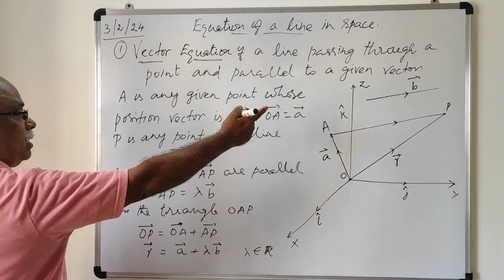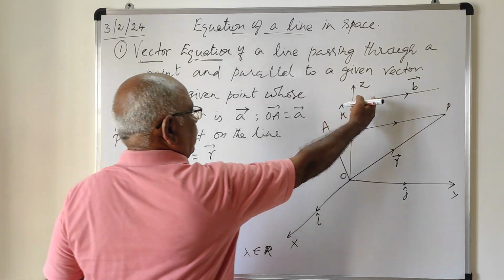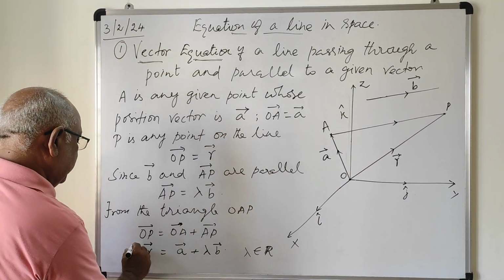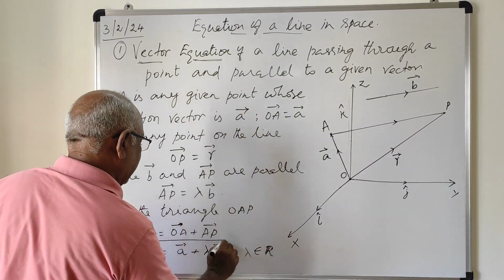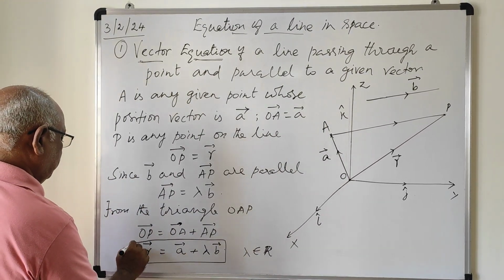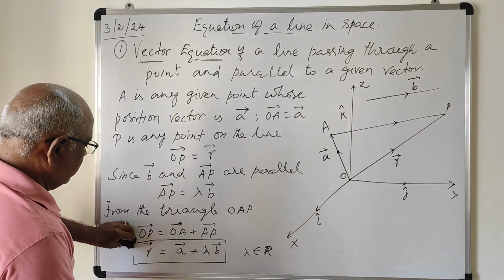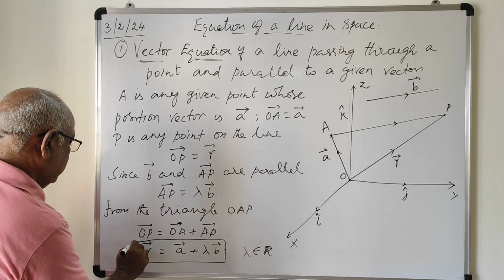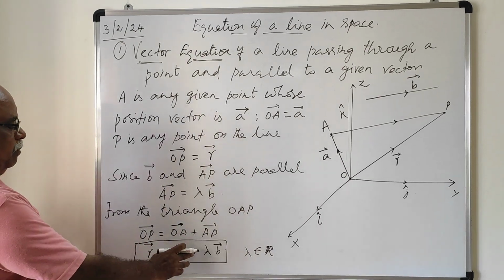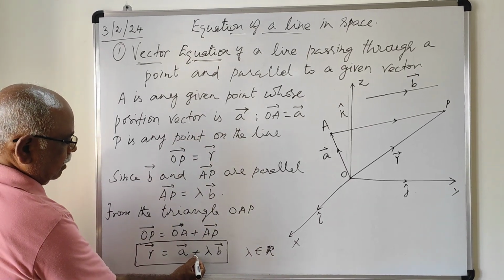So the vector equation of the line passing through the point A and parallel to the vector b is r equals a plus lambda b. This is the required equation of the line, where lambda is any scalar.